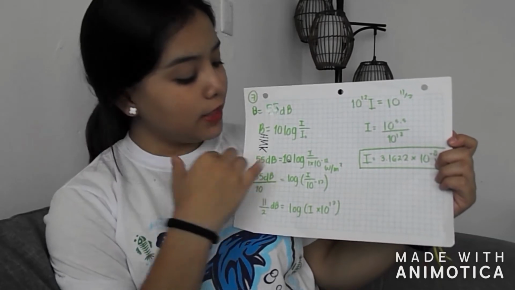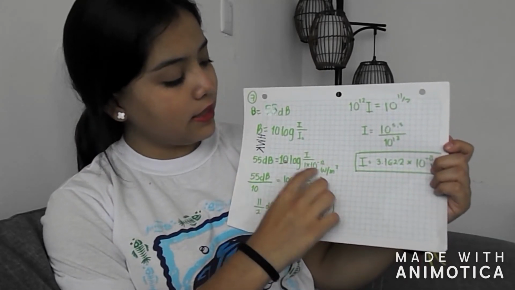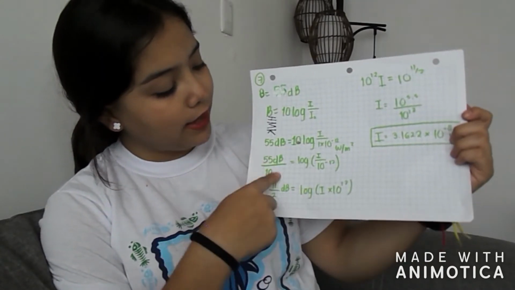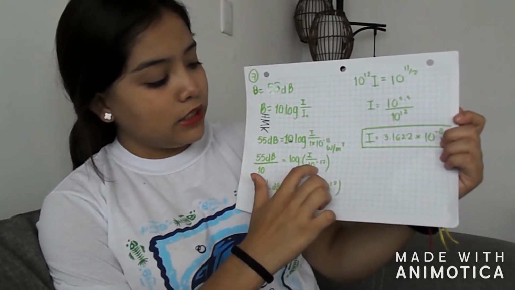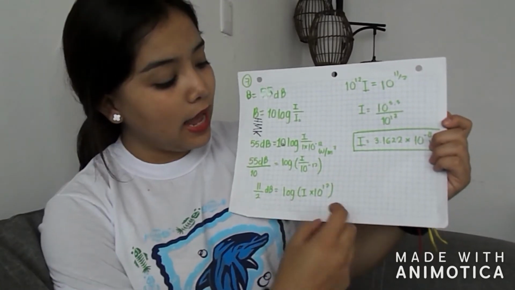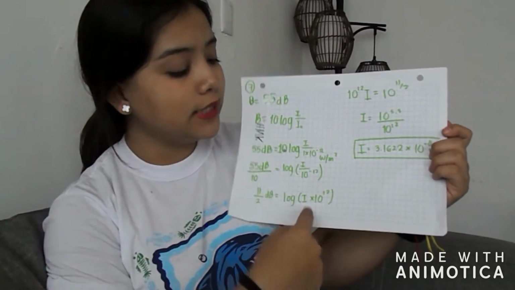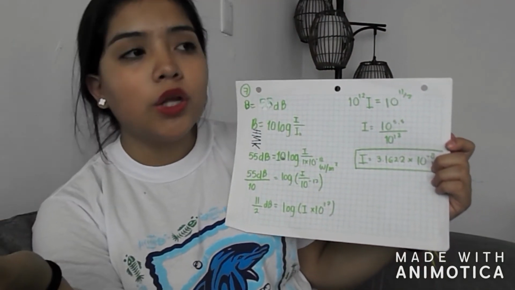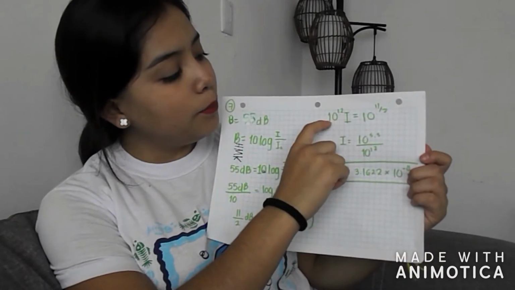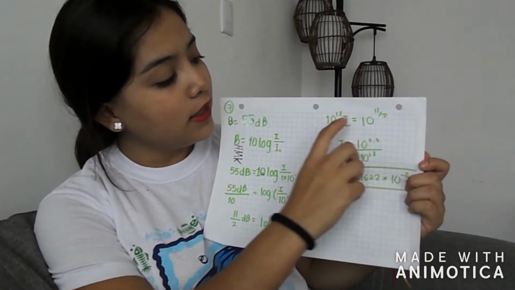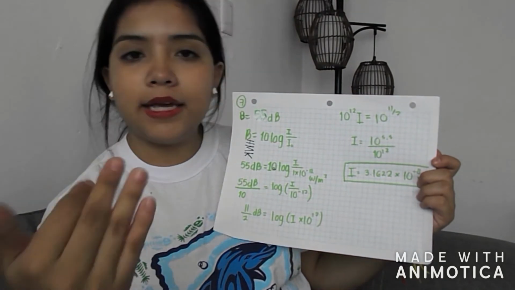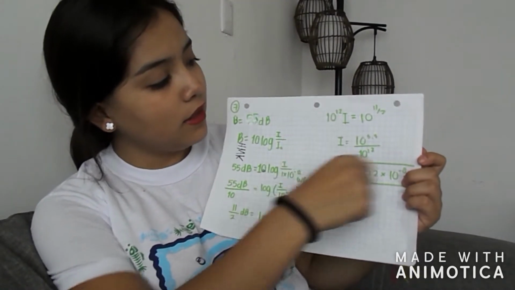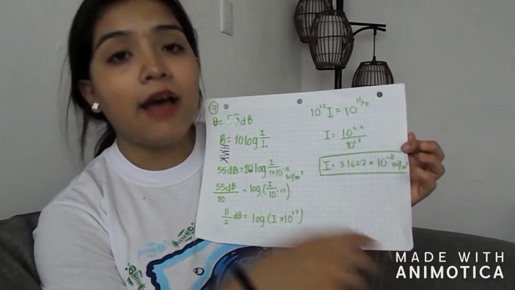First, we substitute our values, the bels and the intensity at 1000 hertz, and then we pass the 10 dividing, and this we multiply by the intensity, and we pass the -12 to positive. And because the logarithm is the inverse of the exponential function, we put our base to the 10, because it's a base 10, and then we pass this 10 dividing, and we have the intensity.